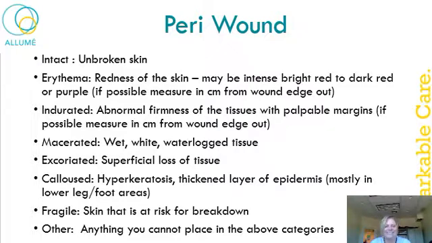Excoriated: superficial loss of tissue. Calloused: hyperkeratosis, thickened layer of epidermis, mostly in the lower leg and foot areas. Fragile: skin that is at risk for breakdown. Other: anything you cannot place in the above categories.